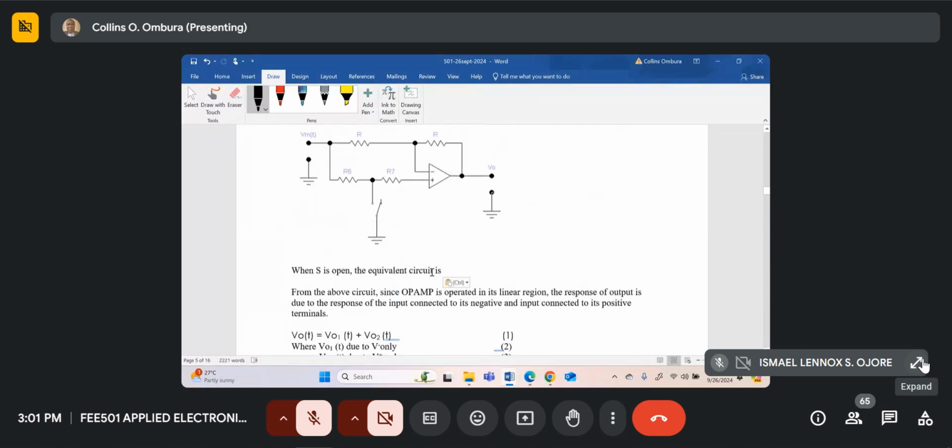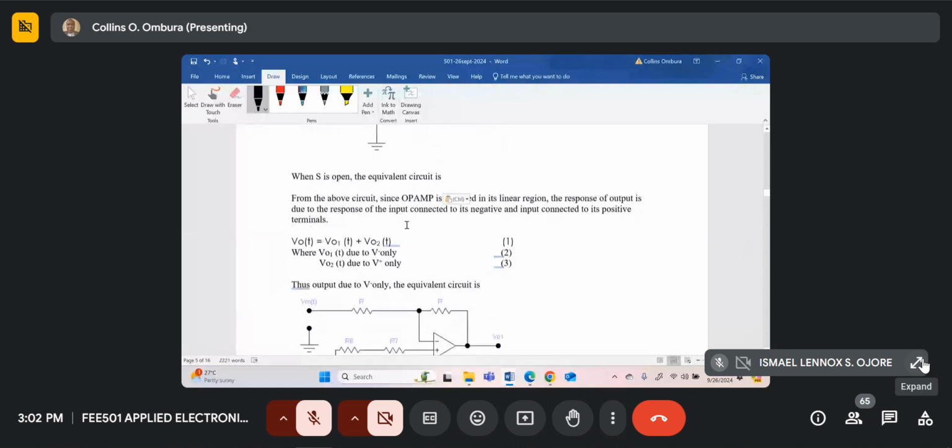Let's see. What I'm going to do is put two sources, VMT going to the top resistance R, another VMT going to the resistance R6.